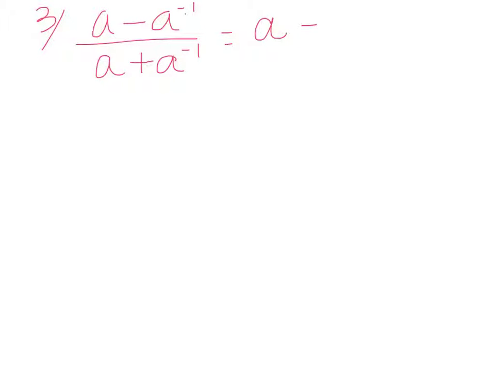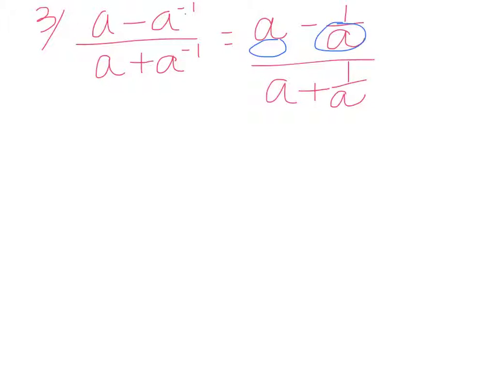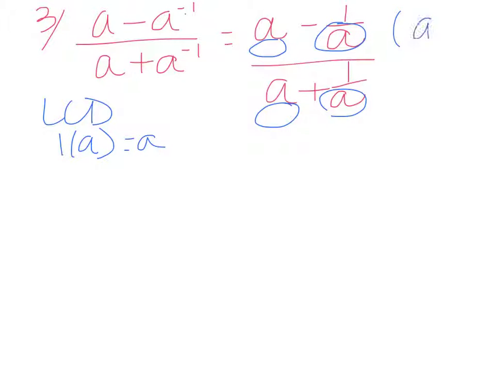So a minus 1 over a plus 1 over a. Now look at all of our denominators. We got nothing there, which is just a 1. We've got an a there, a 1 there, and an a there. So our LCD, least common denominator, is going to be 1 times a, which is just a. So I'm going to multiply the top by a and the bottom by a.